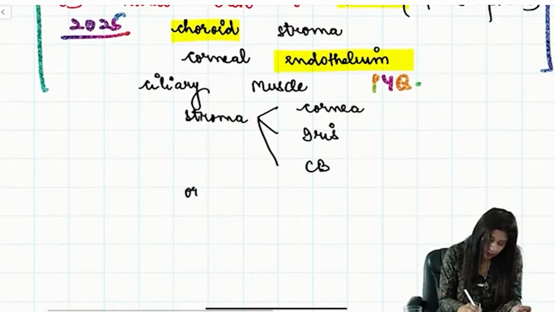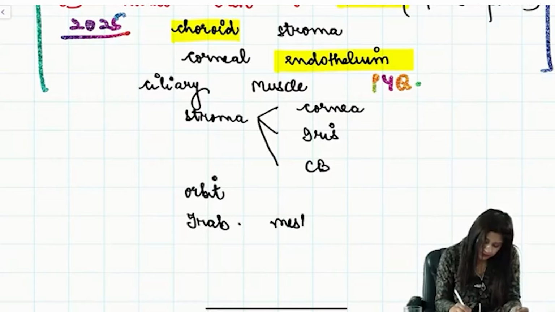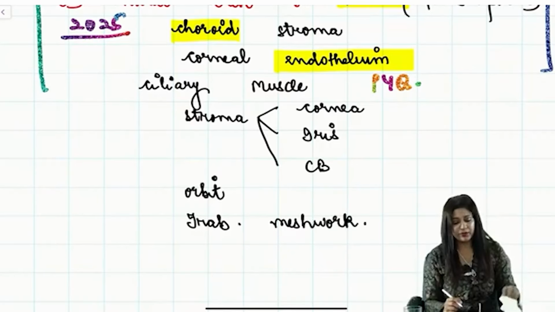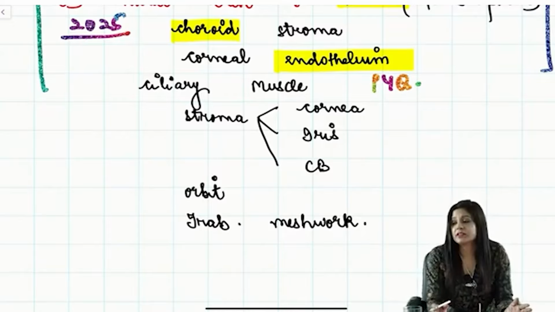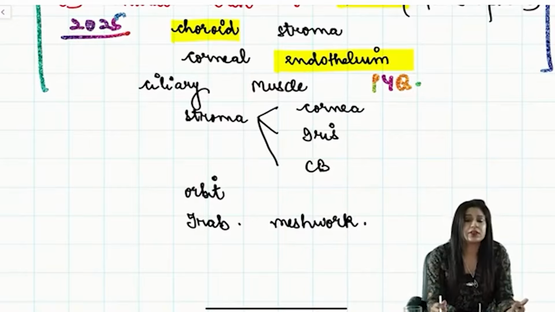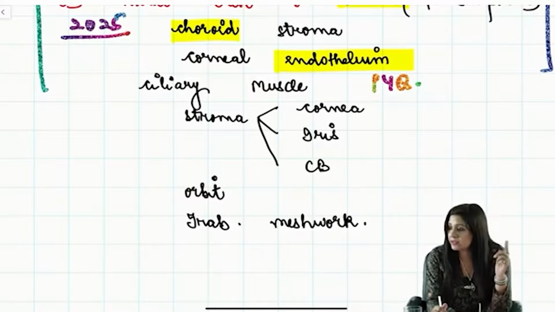Then the orbit, as well as the trabecular meshwork. All of them are coming from neural crest. So neural crest is the most important part, especially the ciliary muscle has been asked recently. Then the three things that are also coming from mesoderm and the neural crest, that is also a reason why neural crest is most important.